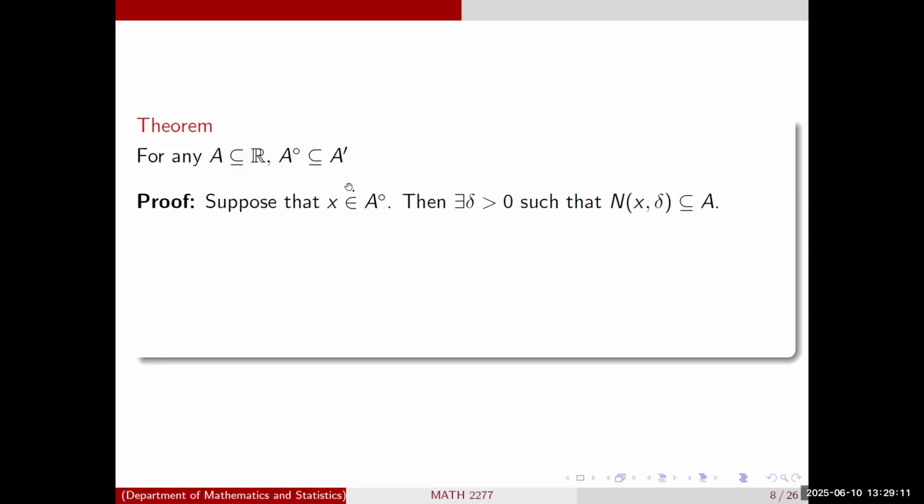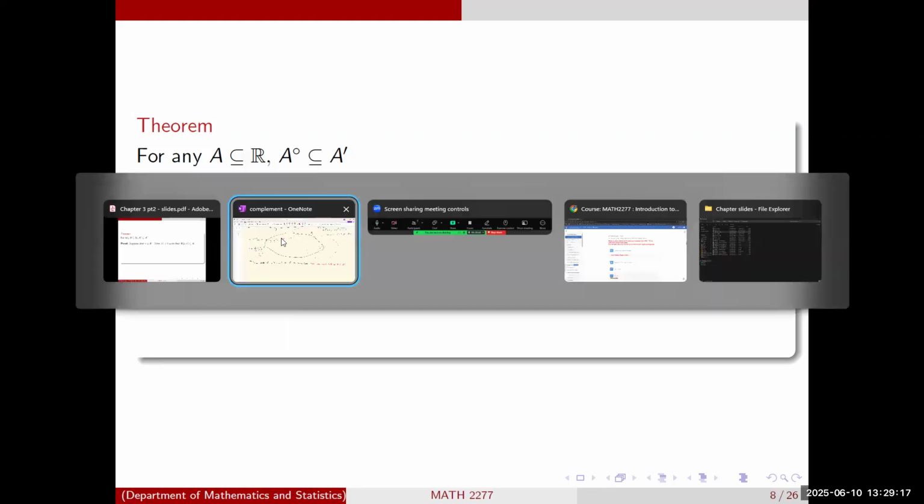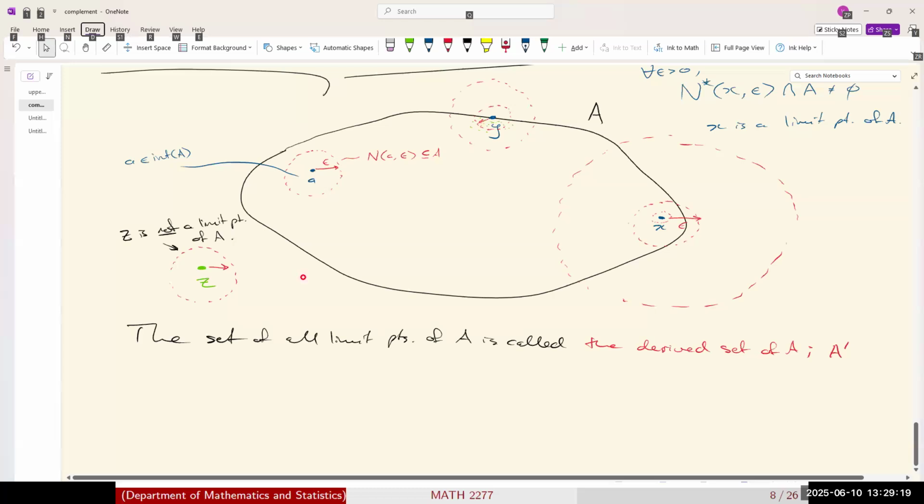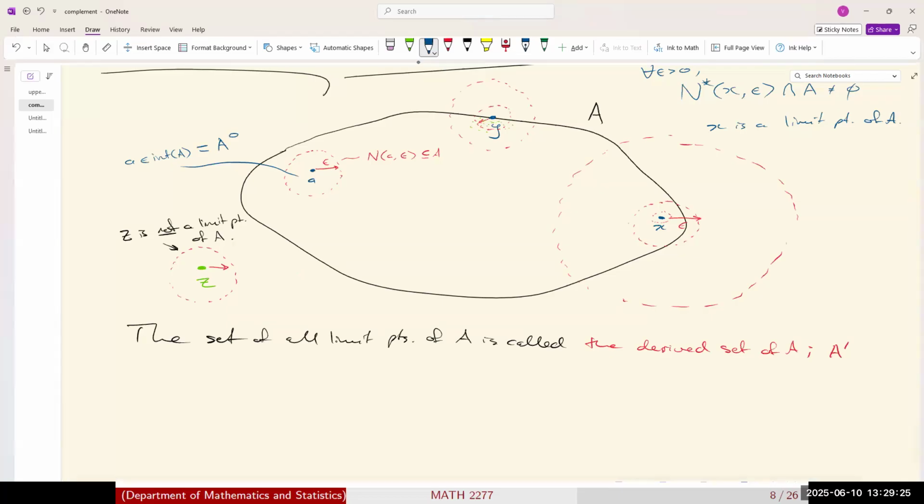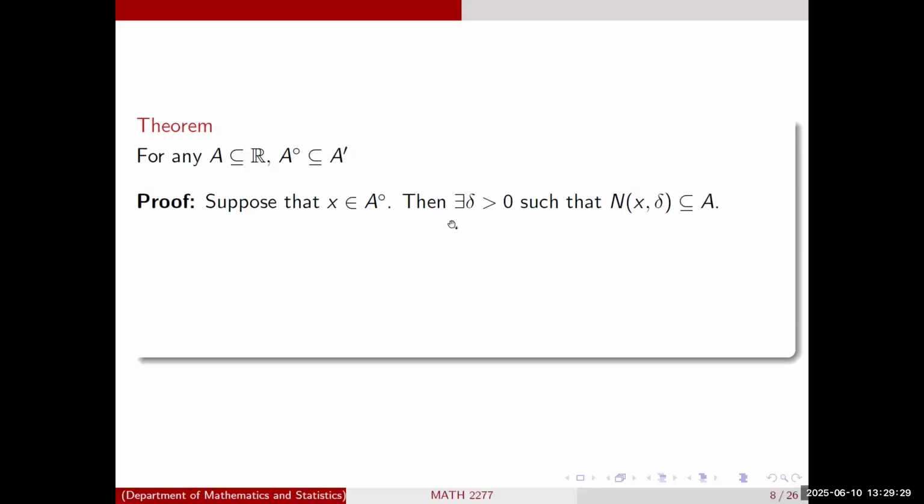So if X belongs to the interior, A with this little circle is the interior. Let me write that here. Another way of writing the interior of A is A with a little circle, okay? So suppose X belongs to the interior of A.